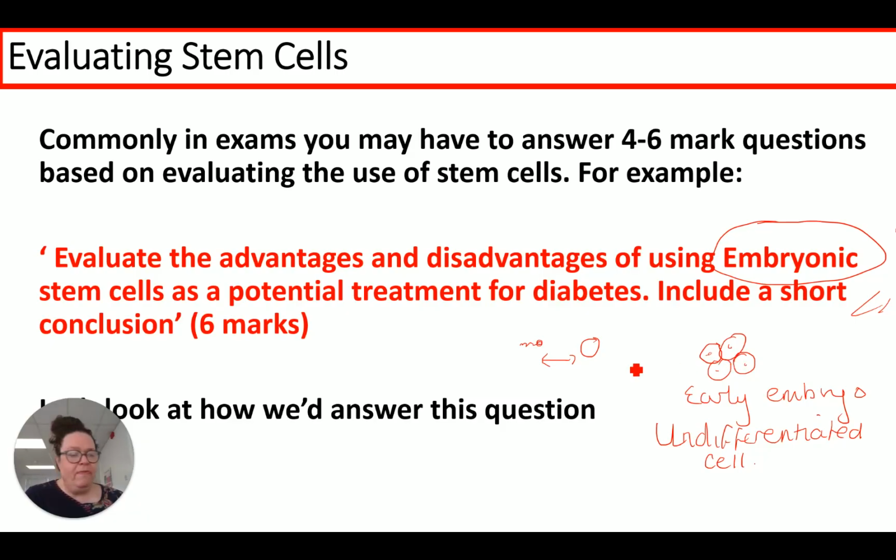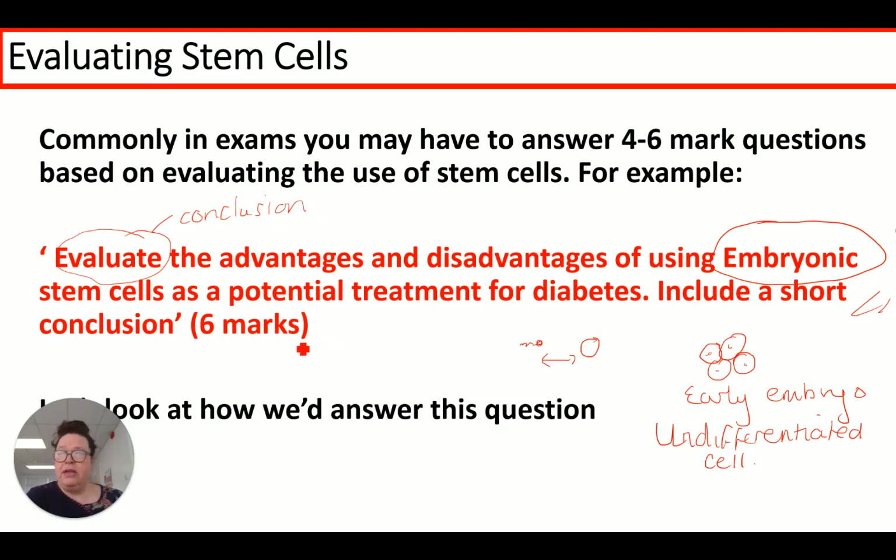So let's have a look at the question. Let's go back to the question. Evaluate the advantages and disadvantages of using embryonic stem cells as a potential treatment for diabetes. Include a short conclusion. Now, whenever we evaluate, we must put a little conclusion, because if we don't, we can only get half marks usually.